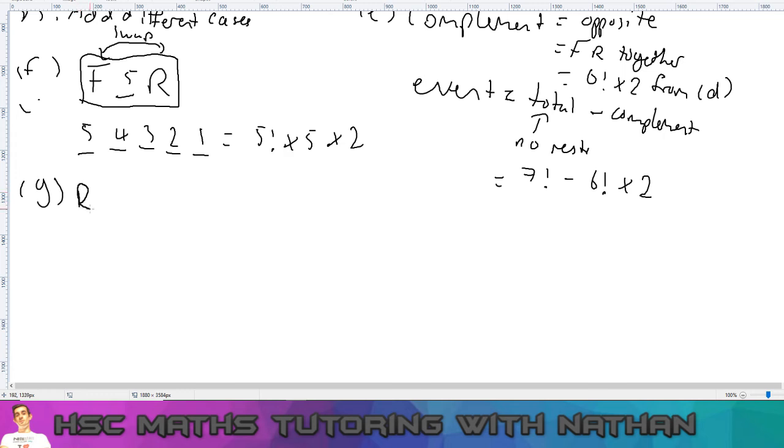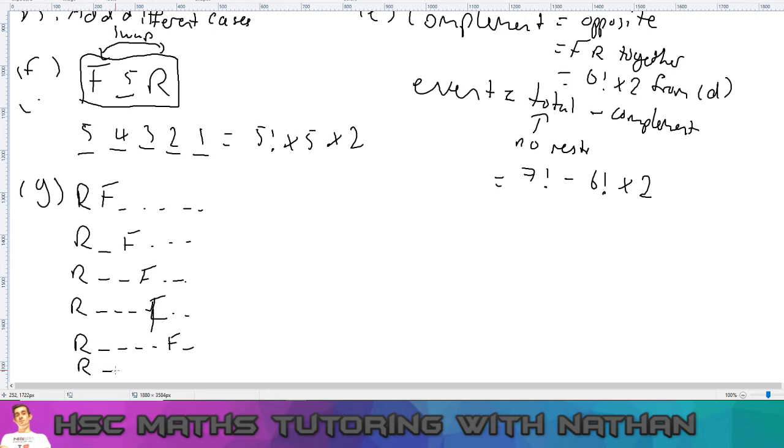So there's R here, then F could be there, and then all the spots after. There could be a gap of 1, a gap of 2, 3, 4, and finally 5.